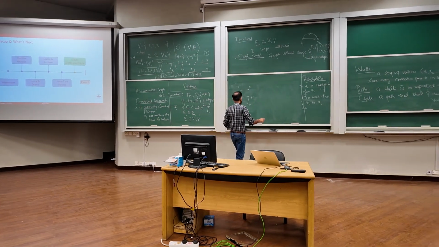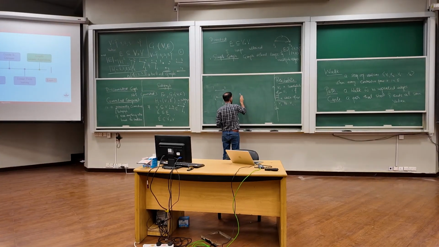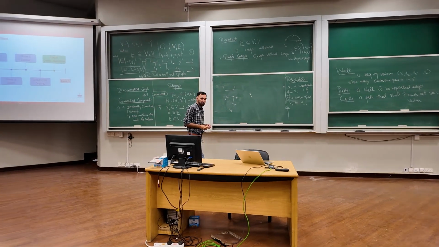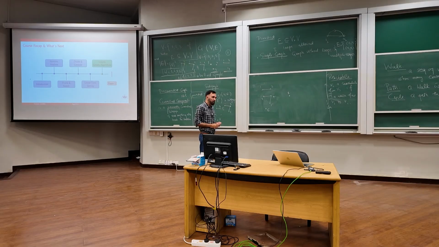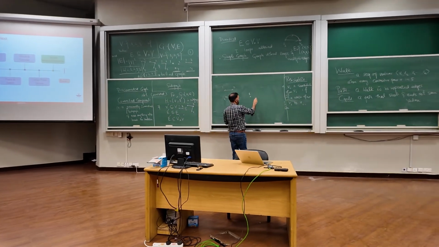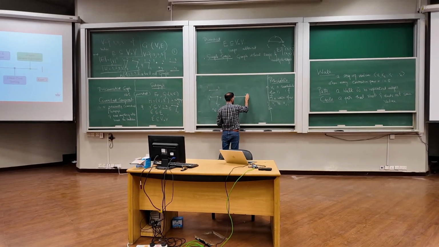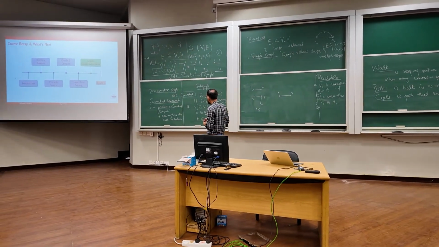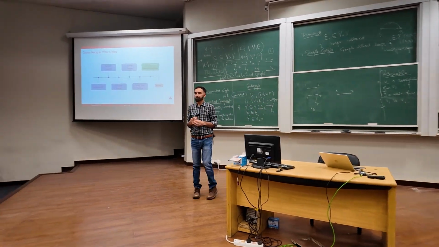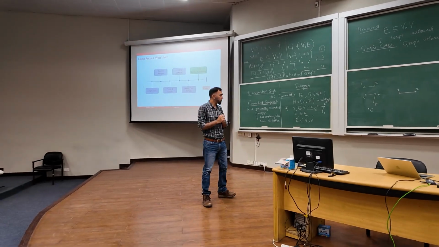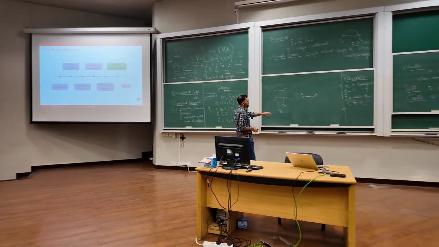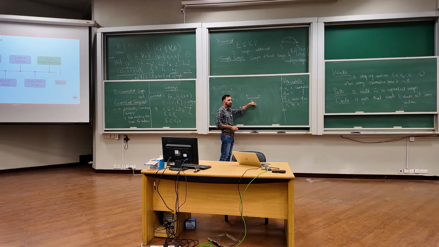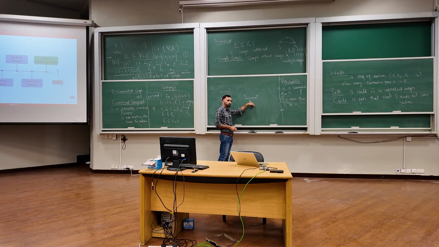Let's say कि आप ये कहते हैं कि 1 is my connected component. Then 1 is not a connected component because I can add 2 here and this would still remain a connected subgraph. Okay? But this is a connected component because now I cannot add any more vertices.